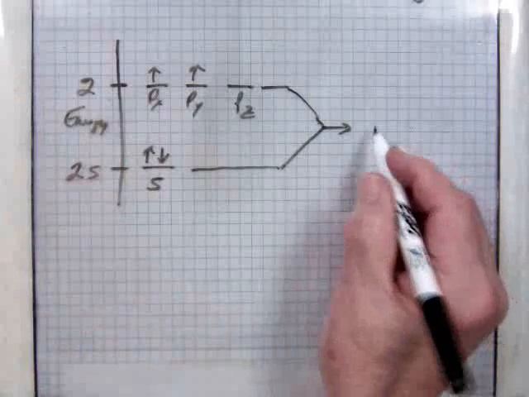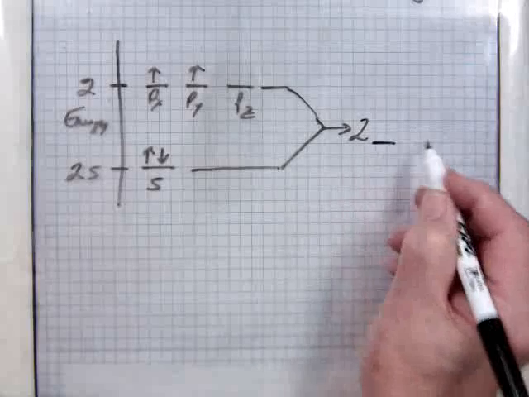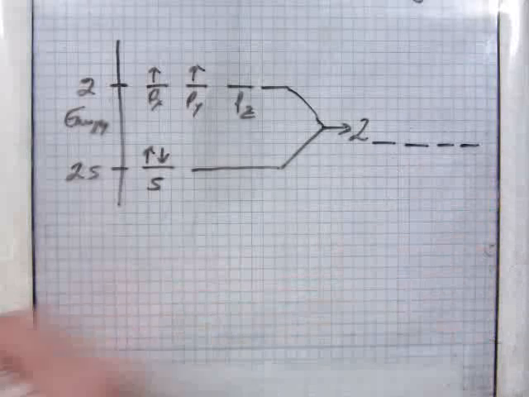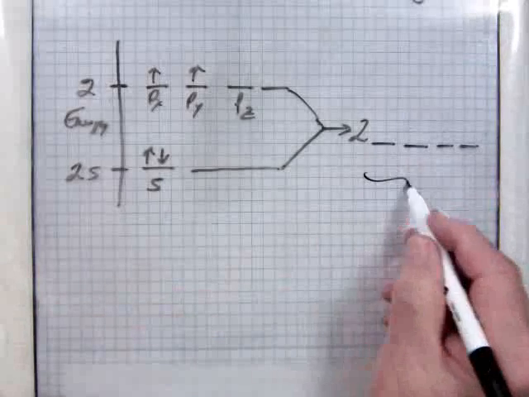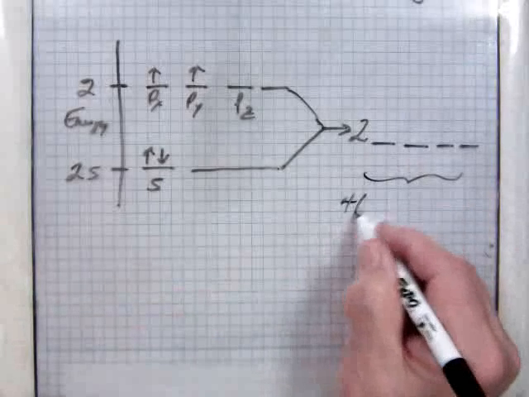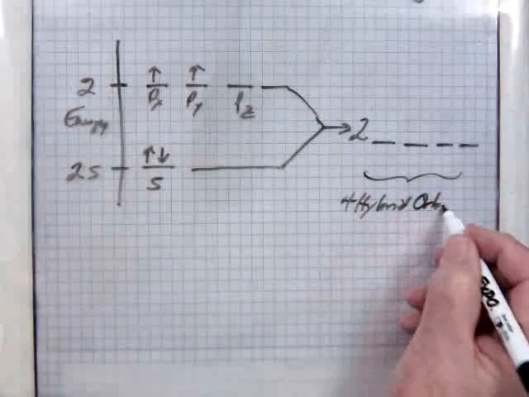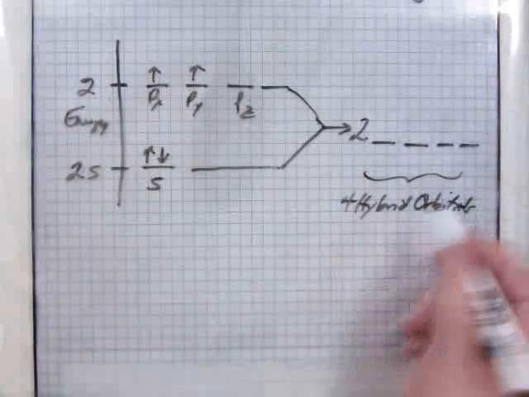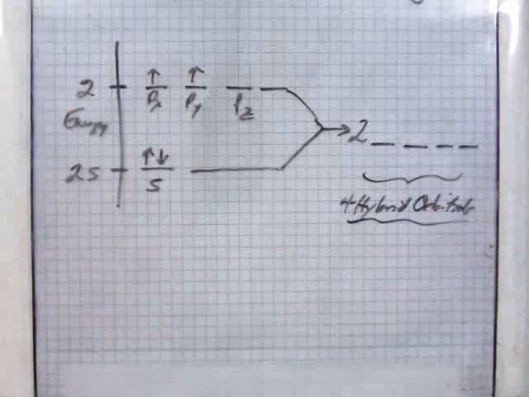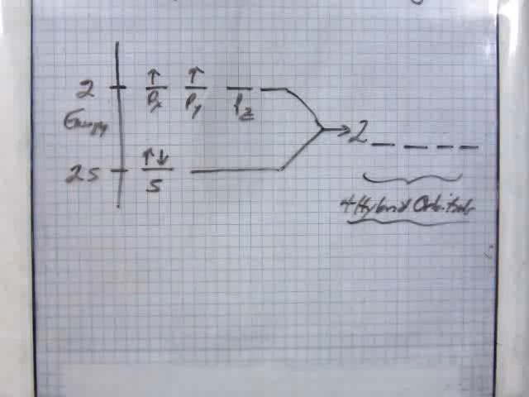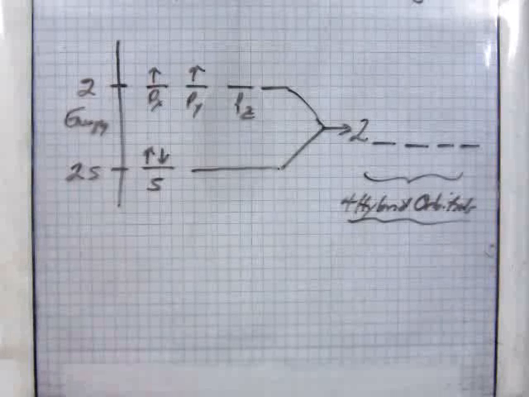So we have in the second energy level 1, 2, 3, 4 hybrid orbitals. Of course, this is done naturally by the molecule as it approaches the bond system. We'll explain as we go along.